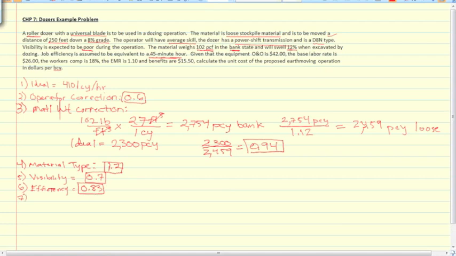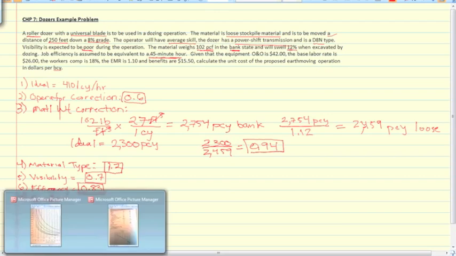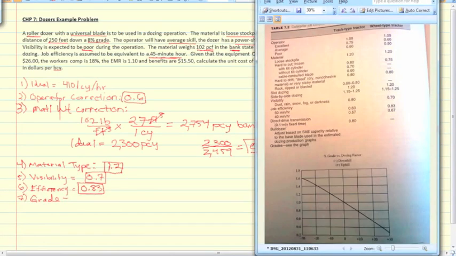Okay, so we looked at efficiency. Now we're just going to take into account the grade. Going back to our chart here, you can see grade is at the bottom. It says C graph. So we're going to look at this graph, and if you look at the problem, it said it's down an 8% grade. So make sure you look here.